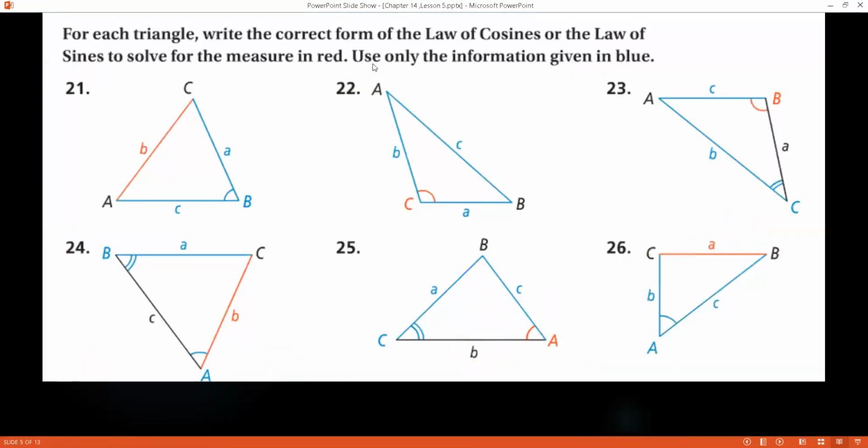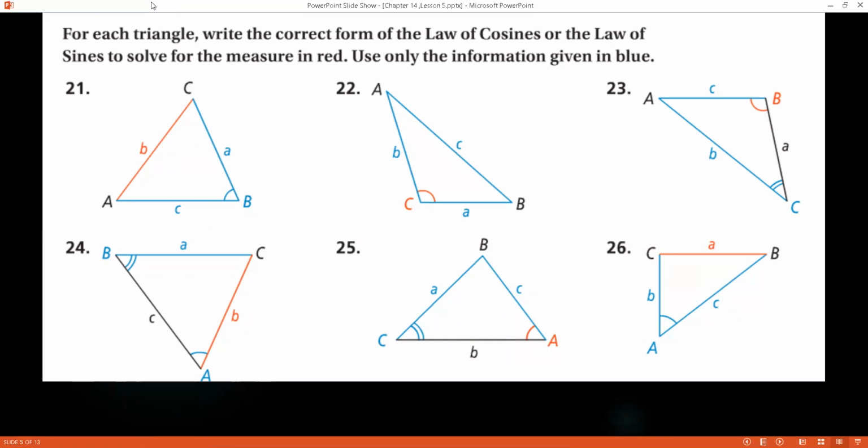Now for each triangle, write the correct form of the law of cosine or the law of sine to solve for the measure in red. In these questions, you have these triangles, and I want to say whether I shall use the law of cosine or the law of sine.